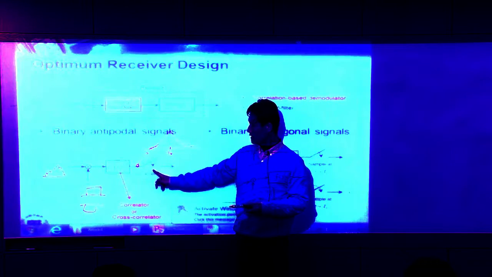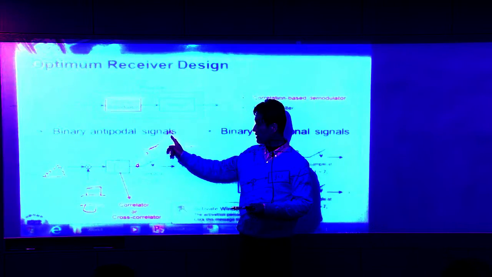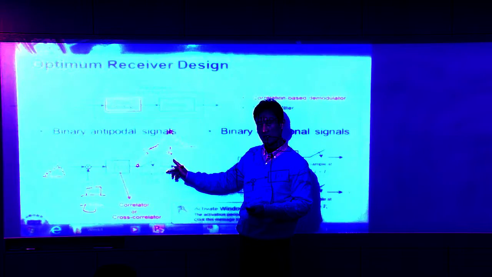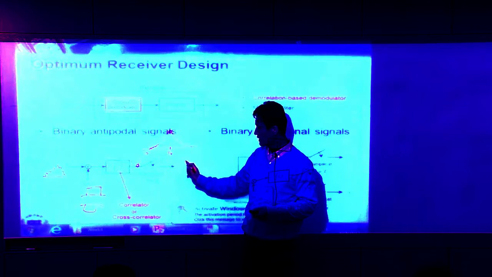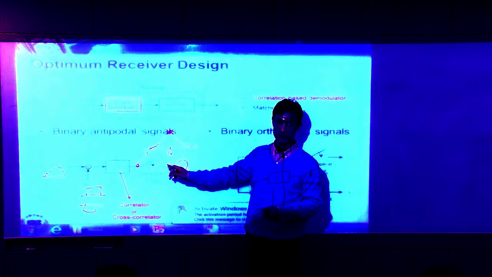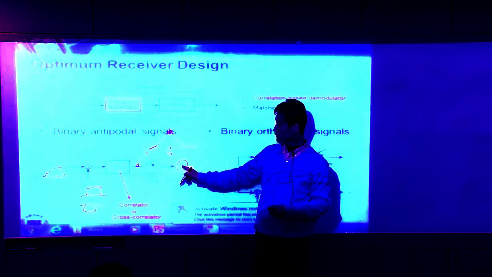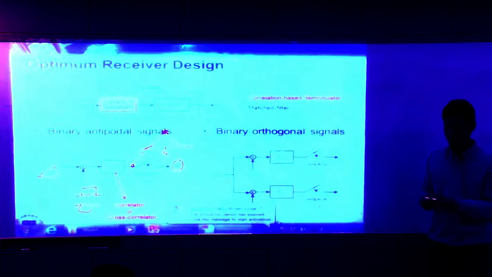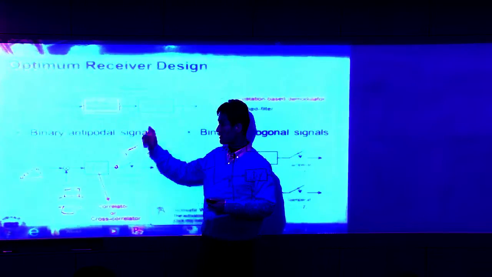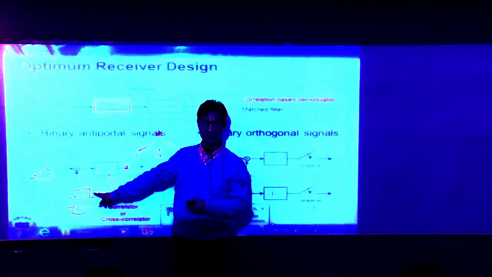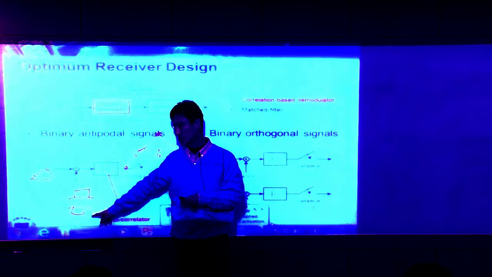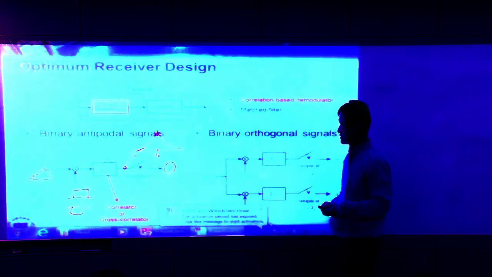That's why we sample here at T_b, because we get the maximum or minimum value at T_b. At the output, you get this value or some negative value. If that is a positive value, we decide that this one must have been transmitted, and if it is negative, we make the opposite decision. That's the antipodal signal.